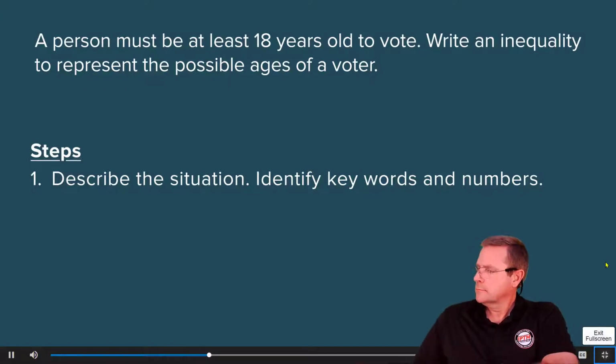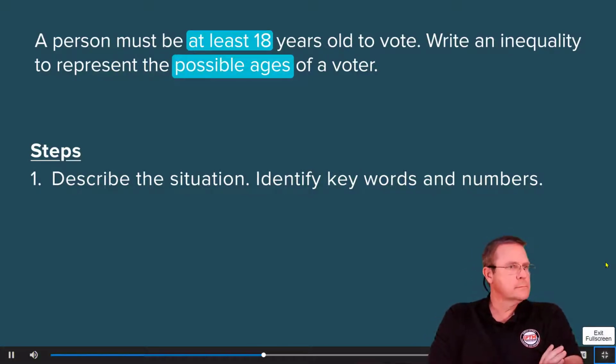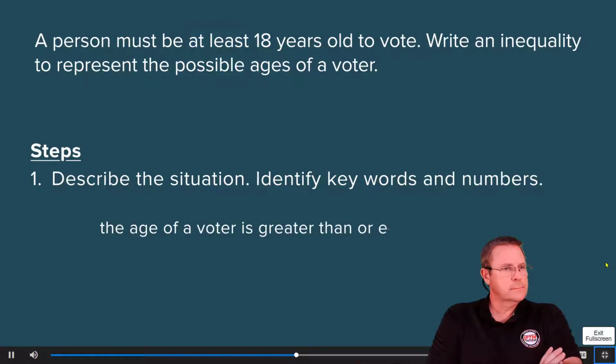Next, use the key information to model the problem with words. Because a person must be at least 18 years old to vote, a voter's age could be equal to 18, or it could be more than 18. So, the age of a voter is greater than or equal to 18 years.